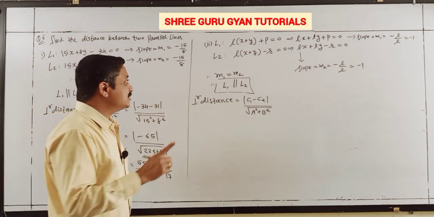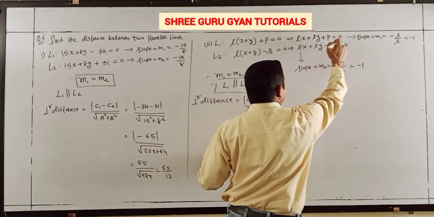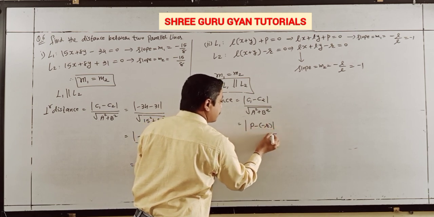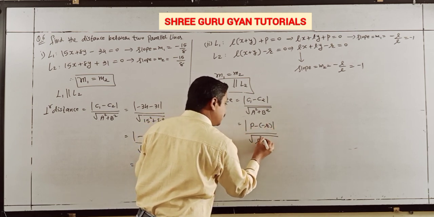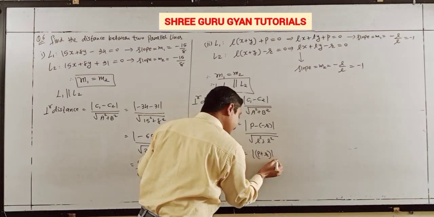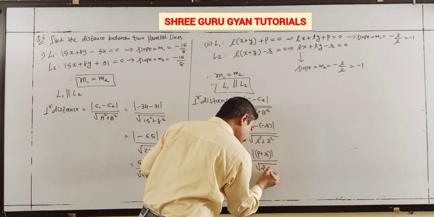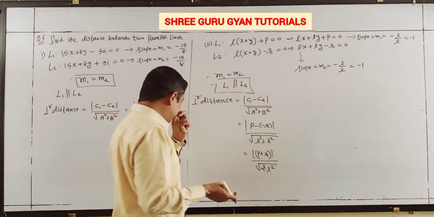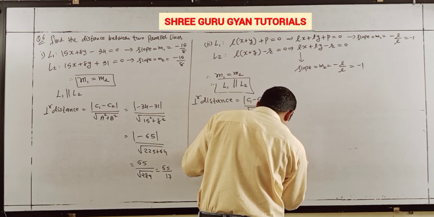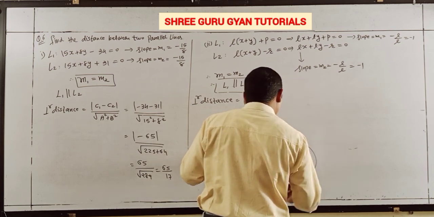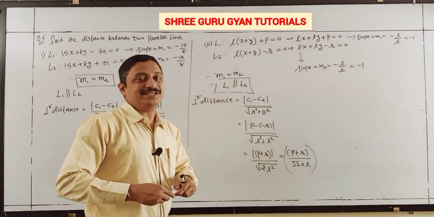Attach the values. This is c1, this is c2, which is p minus minus r, and a square plus b square, l square plus l square. So p plus r by 2l square. And students, you just take the square root on it. So your answer is p plus r by root 2 l. That's my final answer to this question.